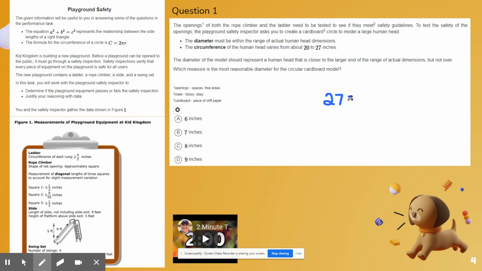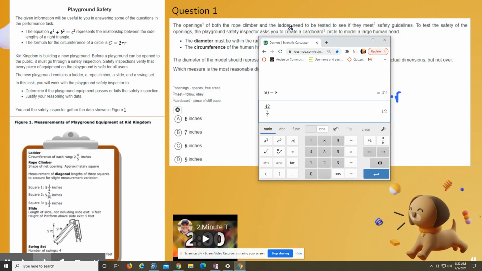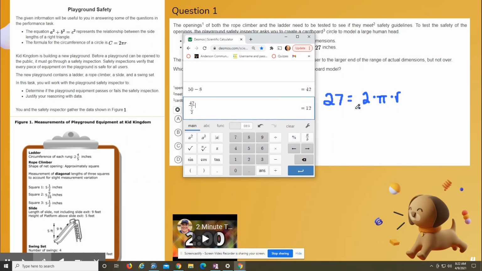Because 27 is the circumference, it's equal to 2 times pi times the radius. And I don't know what the radius is, so I'm just going to work backwards. I'm going to take my calculator and do this equation backwards.